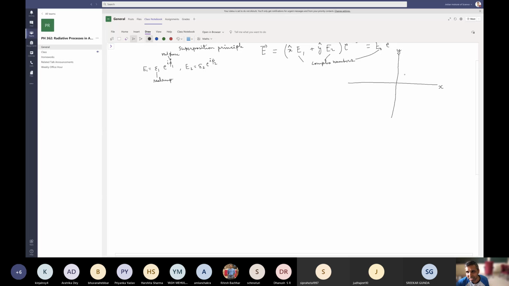How does my electric field look in this plane? Let me just draw this figure first. This is actually an ellipse, I'm sorry for the bad drawing, but this is an ellipse.